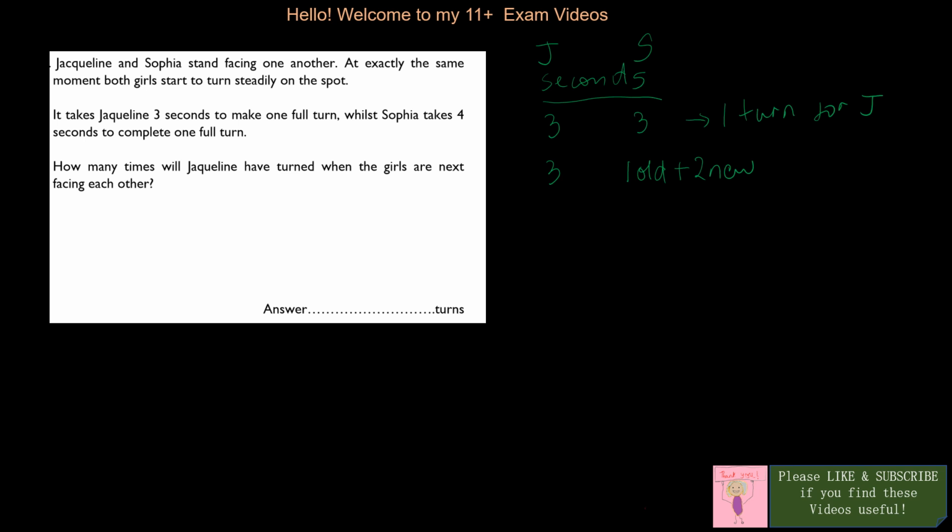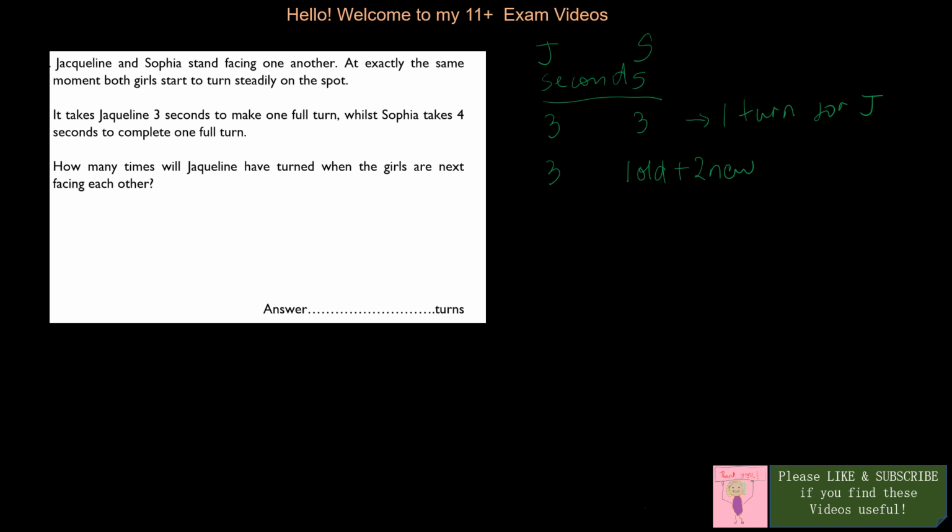So after 3 seconds she will have completed 3, she will still need one more second to complete her turn, and then after she has completed her turn she will start a new turn, because there are still 2 more seconds left.